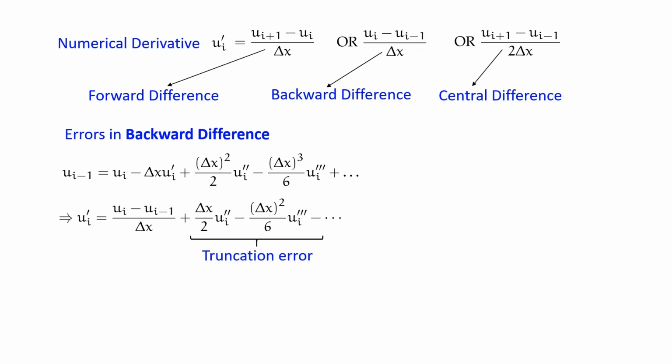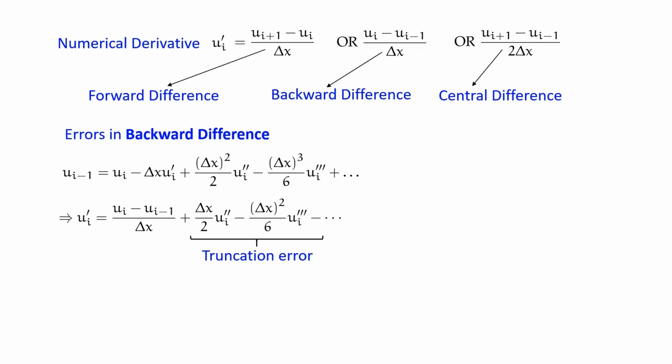These certain terms are extra. You can see that u i minus 1 by delta x is the backward difference expression of numerical derivative. So we have certain extra terms, and these extra terms are the truncation error in backward difference.